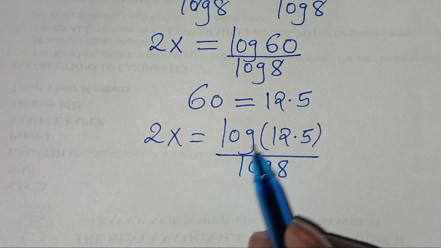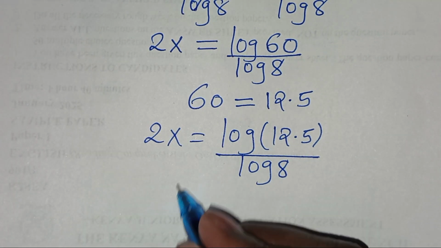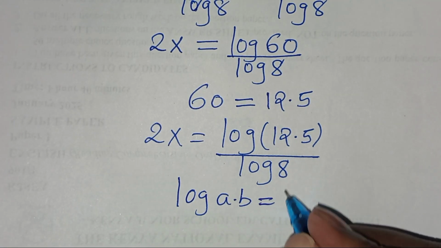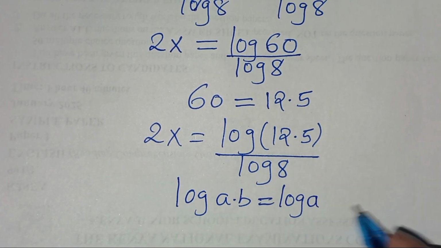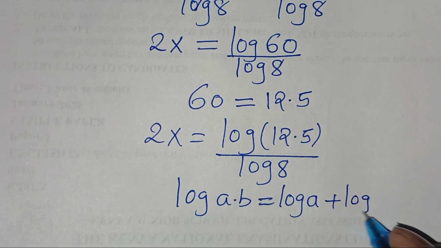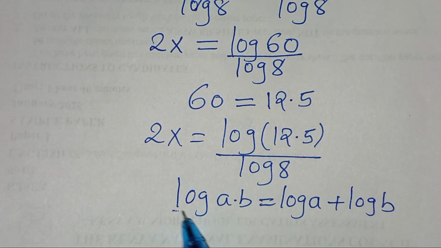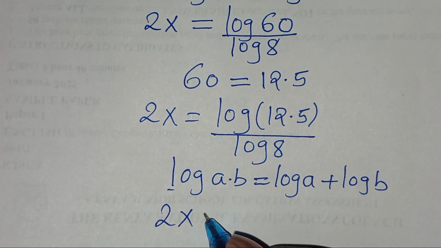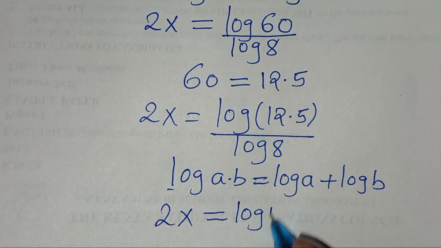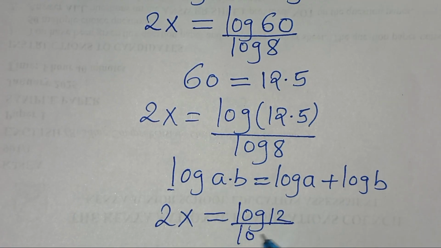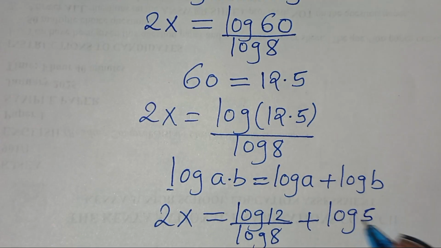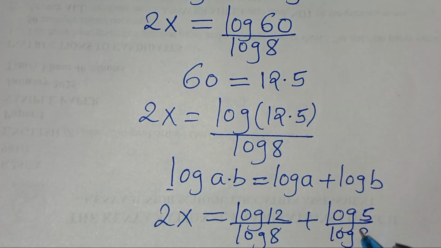Now you find that log 12 times 5, this is in the form of log a times b, which we can express as log a plus log b. Applying this logarithm property, then here we have 2x equal to log 12 over log 8, then plus log 5 divided by log 8.